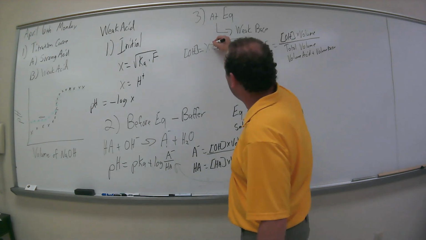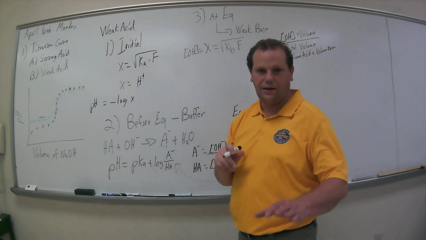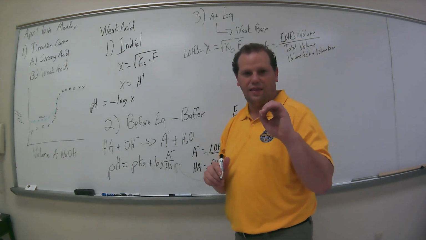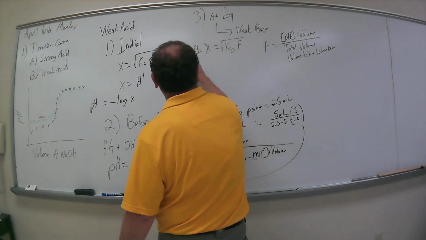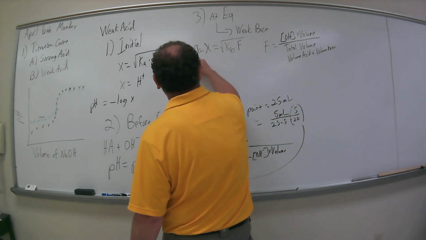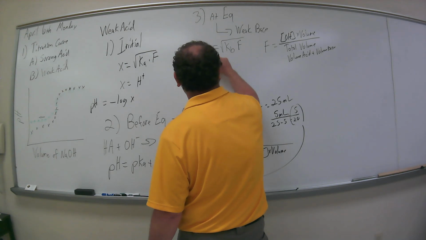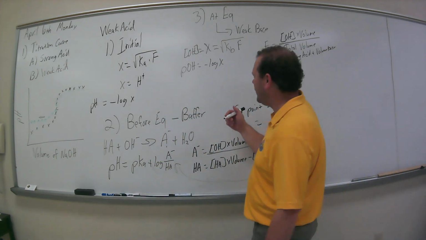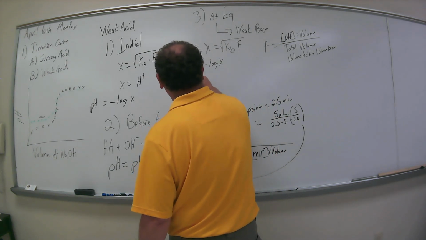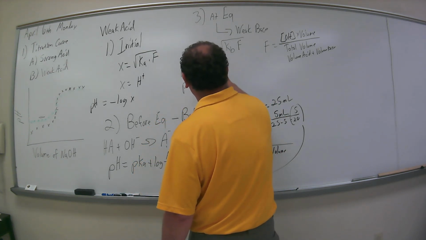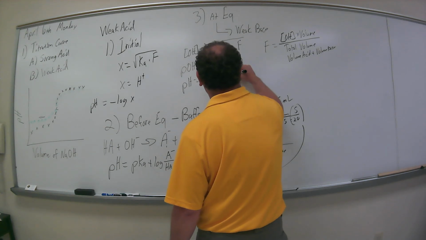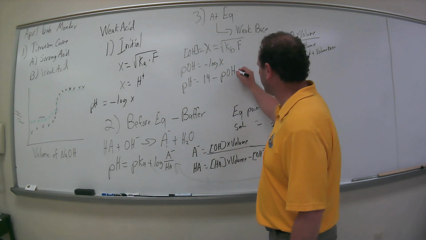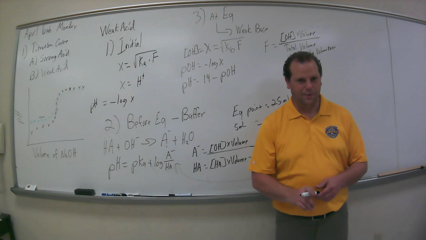You plug that in, this gets you X. Remember, for base problems, there's always that extra step. So when we do this, we actually find pOH. If we take the negative log of our X, that gives us our pOH. And if we wanted to find pH, we say 14 minus our pOH. That will give us our pH.